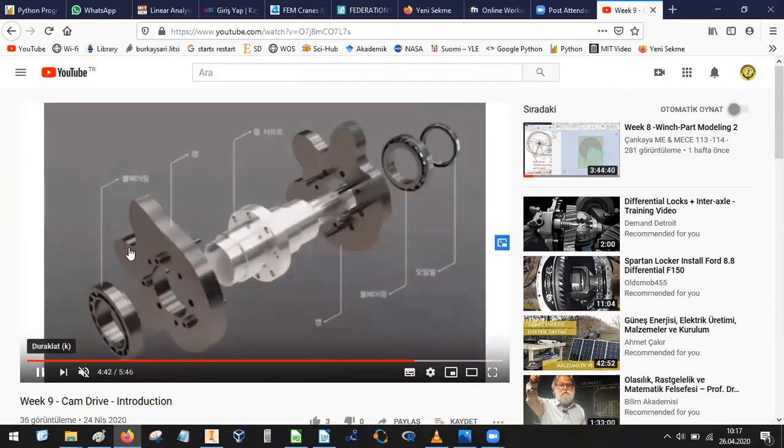This is our exploded view, a similar exploded view. We have two cams, one shaft, two bearings on each side, and a seal at this point. This is our input shaft. And also we have another output shaft.